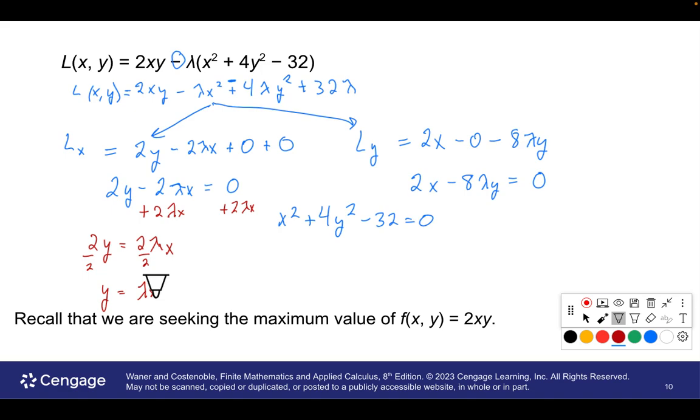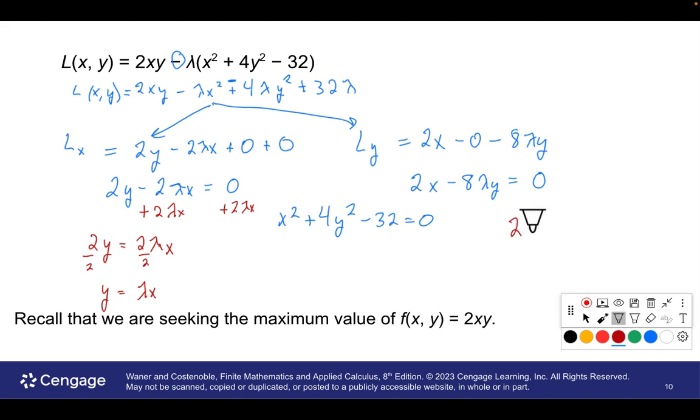Just remember, in the way they solved this, they ended up with x over y. So far, so good. Then we could take this other one over here, and plug in for y, plug in lambda x.